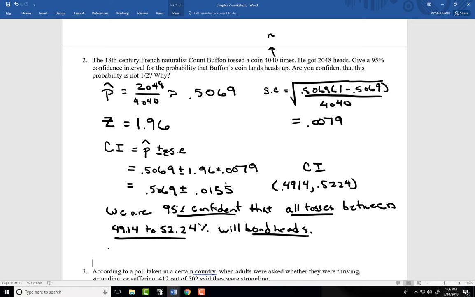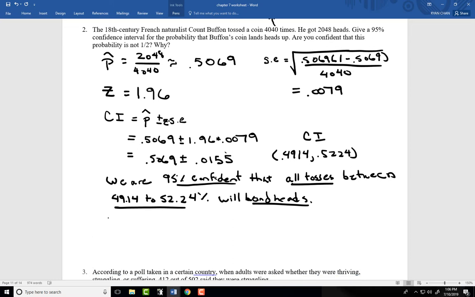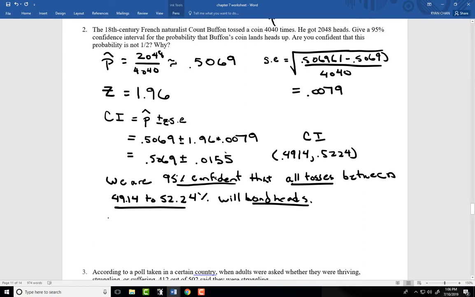The last part of this question says, are you confident that this probability is not 1/2? So let's talk about this. We're trying to figure out if it's not likely 50%. Notice that my p in this case, which is 50%, is in between 49.14 to 52.24%.